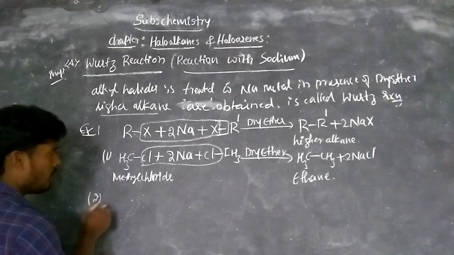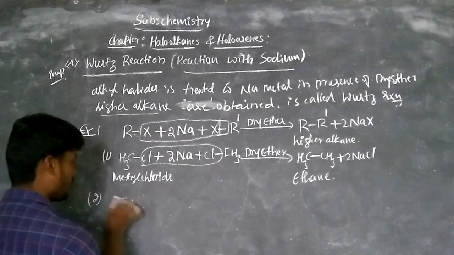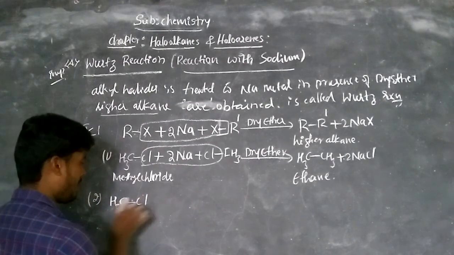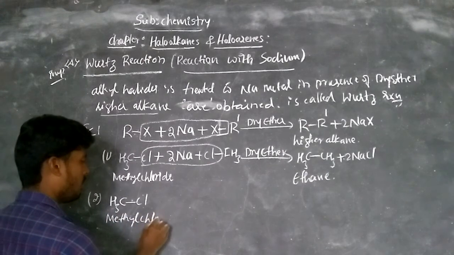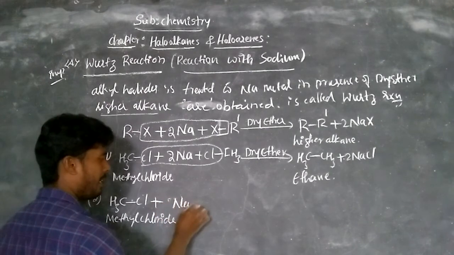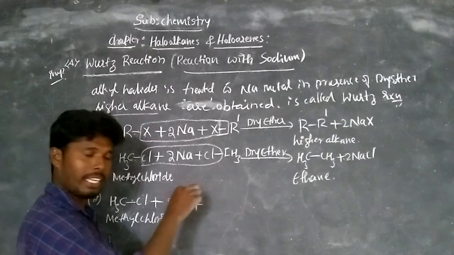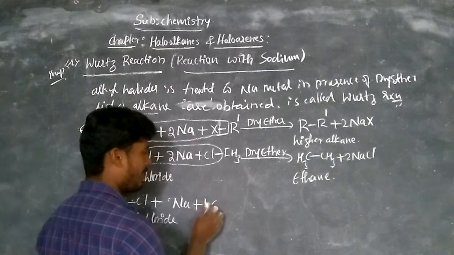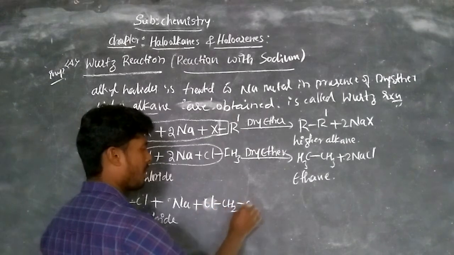So observe here, write methyl chloride, CH3 bond Cl, methyl chloride, plus Na sodium metal, plus, here there is methyl chloride, right? In place of methyl take ethyl chloride, that is Cl bond CH2 bond CH3.